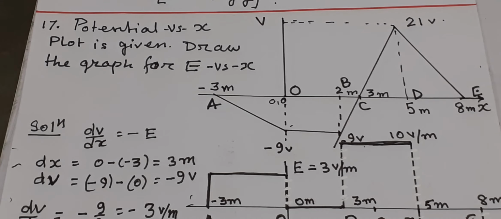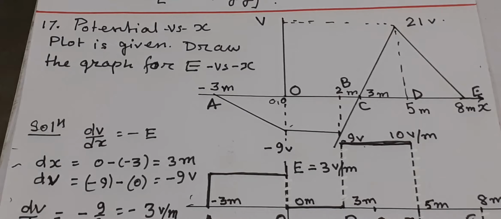Now here you can see, by looking itself we can understand this is a negative gradient, and that means the electric field will be positive. What is the value of dV by dx here? It is minus 3. As we know, dV by dx equal to minus E, so minus minus cancels, and it will give 3 volt per meter, that is the electric field.